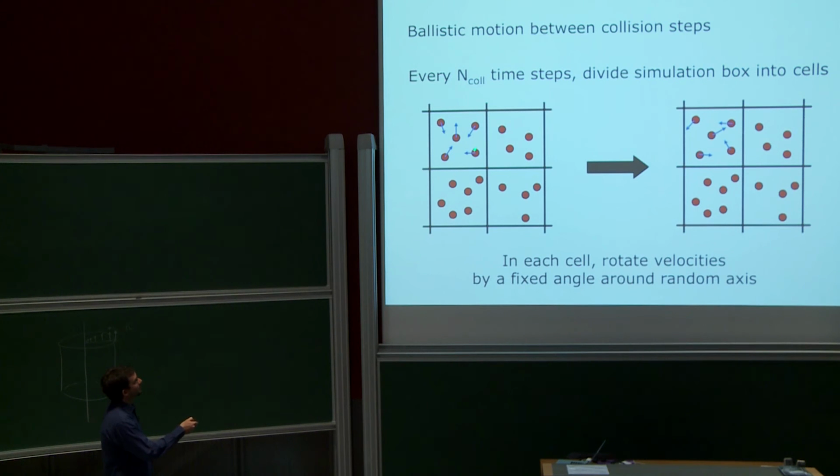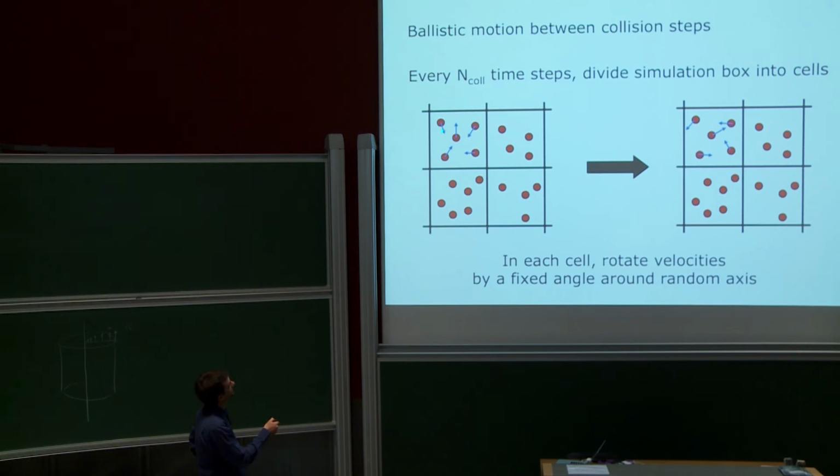You will look at the velocity of all your particles relative to the velocity of the center of mass in your cell. And then you will choose a random axis and rotate all these velocities relative to the velocity of the center of mass by a fixed angle. The angle is fixed, the same for all the cells in your system, but you choose a different axis for each cell. And you do this rotation.